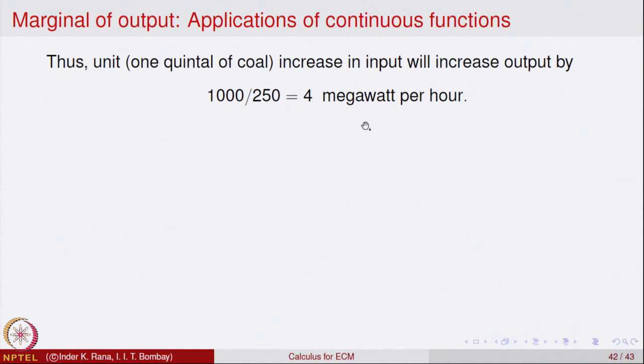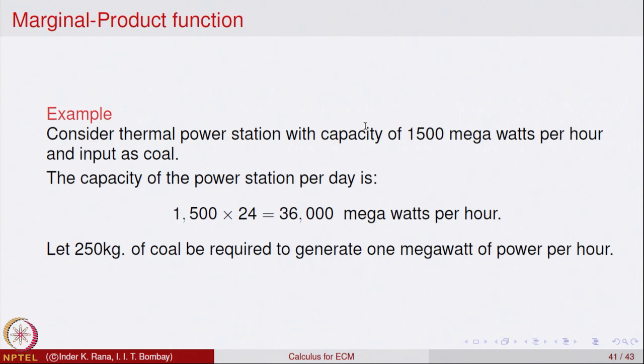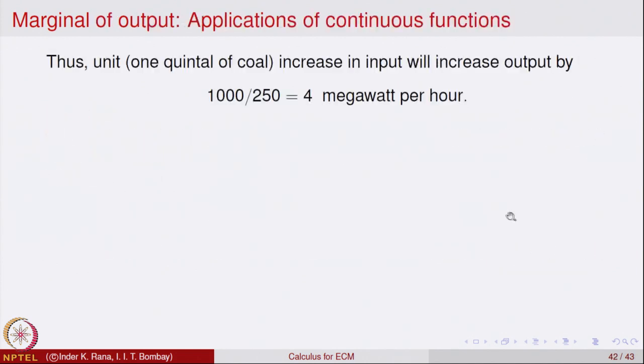So, keep in mind that 250 kg of coal is required to generate 1 megawatt of power, and 1 unit increase will give me 4 megawatts per hour.